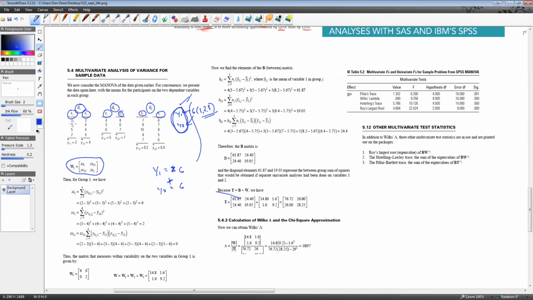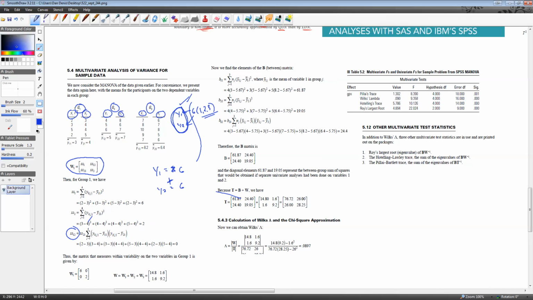2 minus 3, 2 minus 3 plus 3 minus 3, etc., plus 5 minus 3 plus 2 minus 3. So that's within group 1. Within group 2, within Y2 rather, 3 minus 4, 4 minus 4, etc. And then we have the crossing of Y1 and Y2 within group 1.